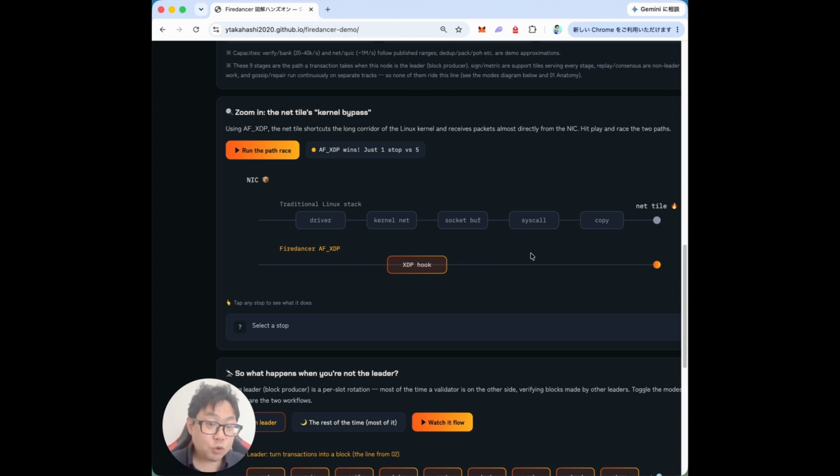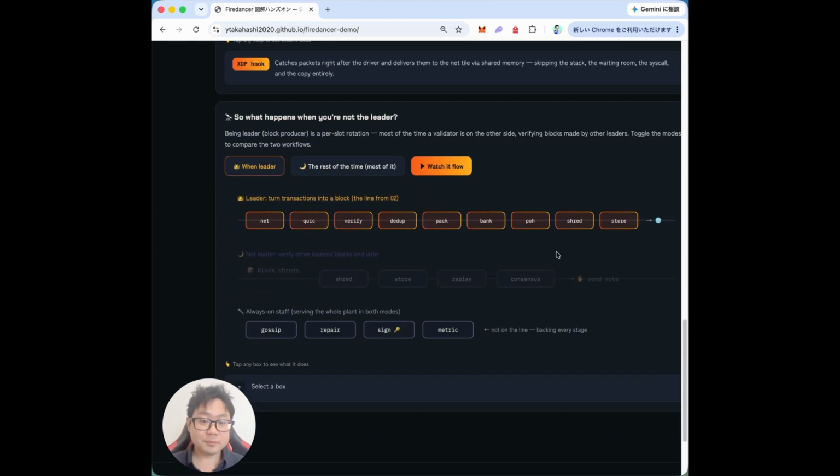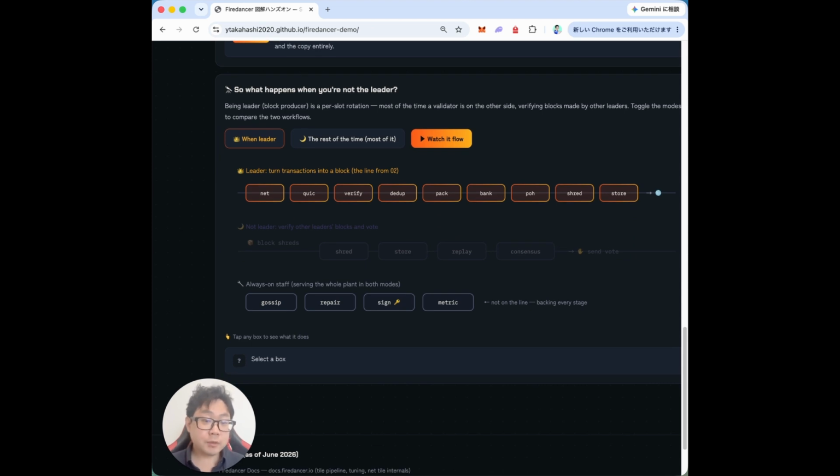If you want to learn about each step, just tap the tab, for example driver, kernel net, socket buffer, and XDP hook. Also, everything we've seen so far is what happens when the validator is the leader: net, quic, verify, and so on.